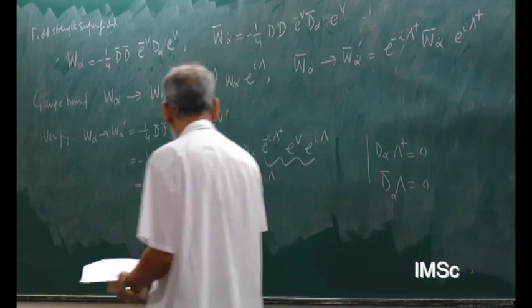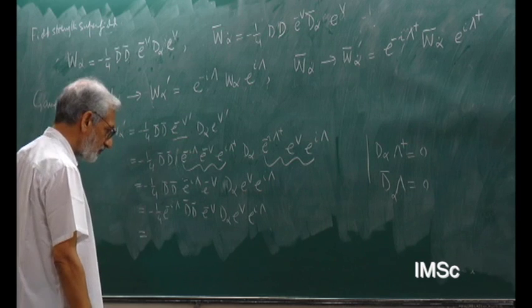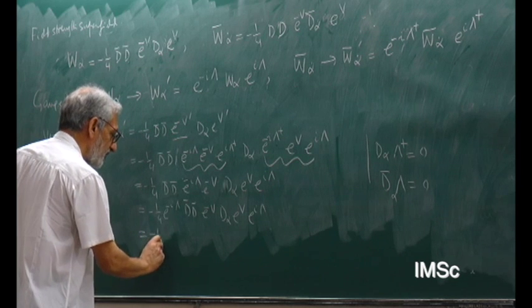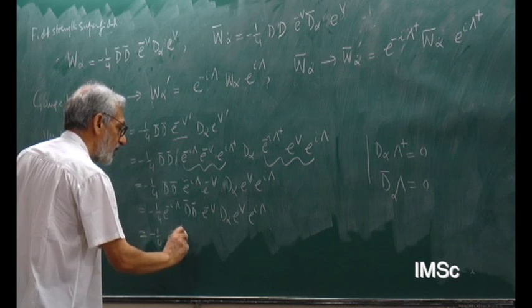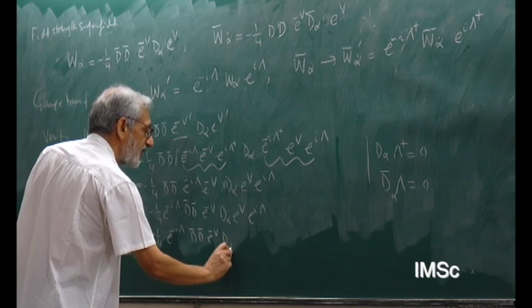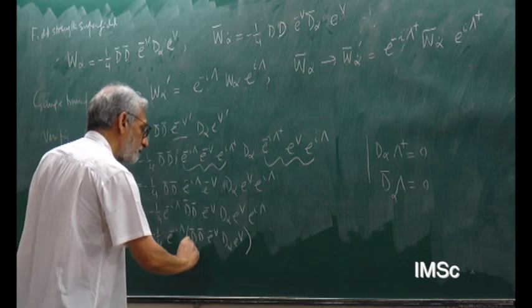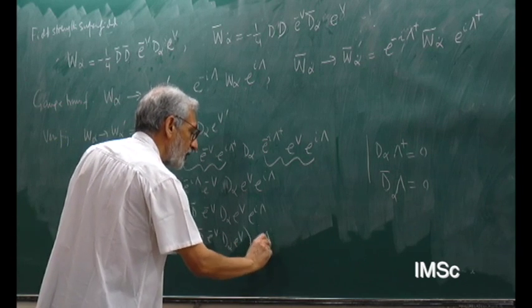Let me write one more line here. Now let me write this as i lambda d dagger e^V d alpha on e^V e^{i lambda}.